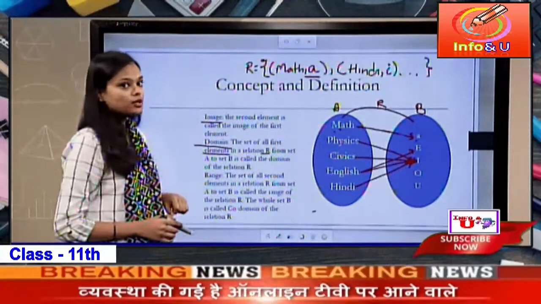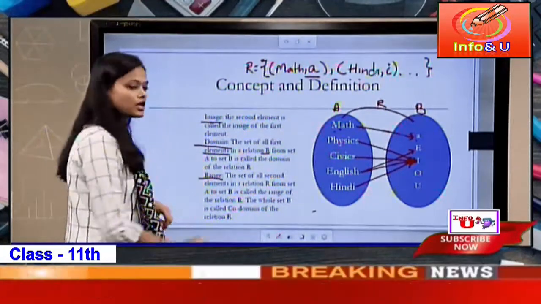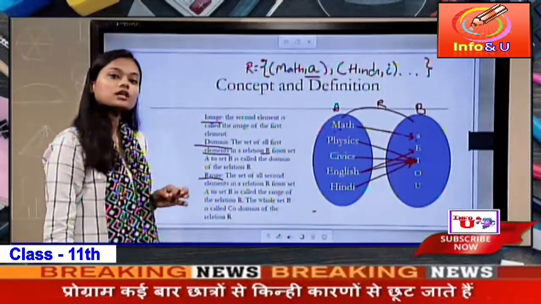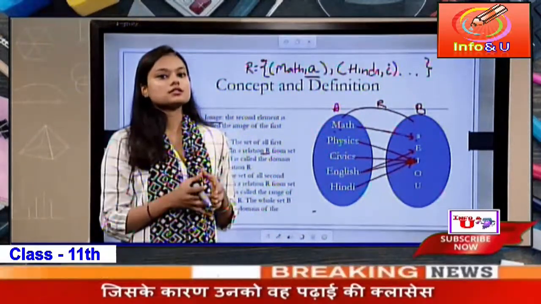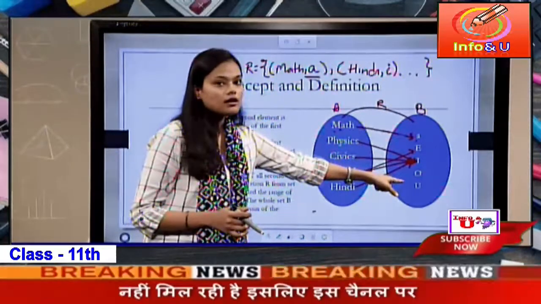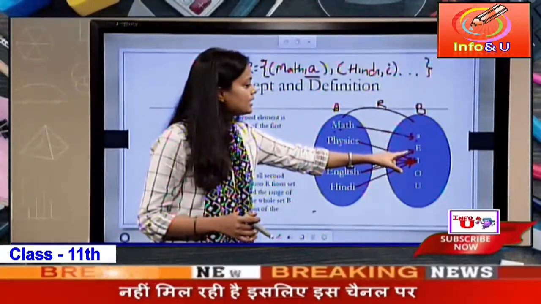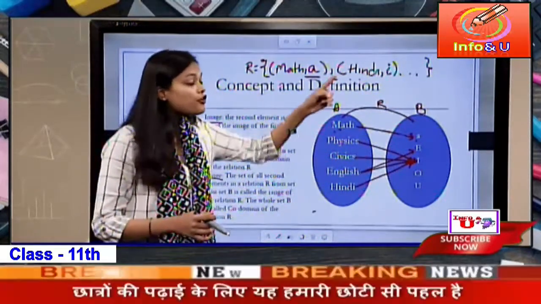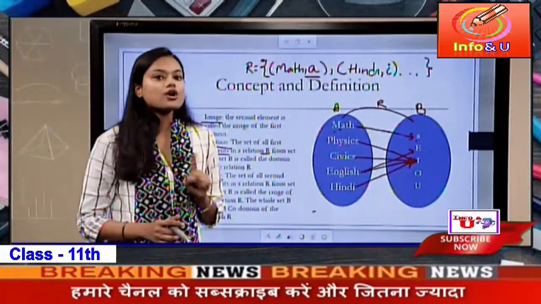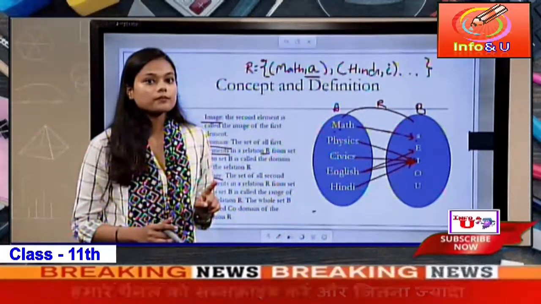Now, the next terminology, that is the range. Range is the set of all images. Images are A, E and I. Notice, the full set B is not the range.